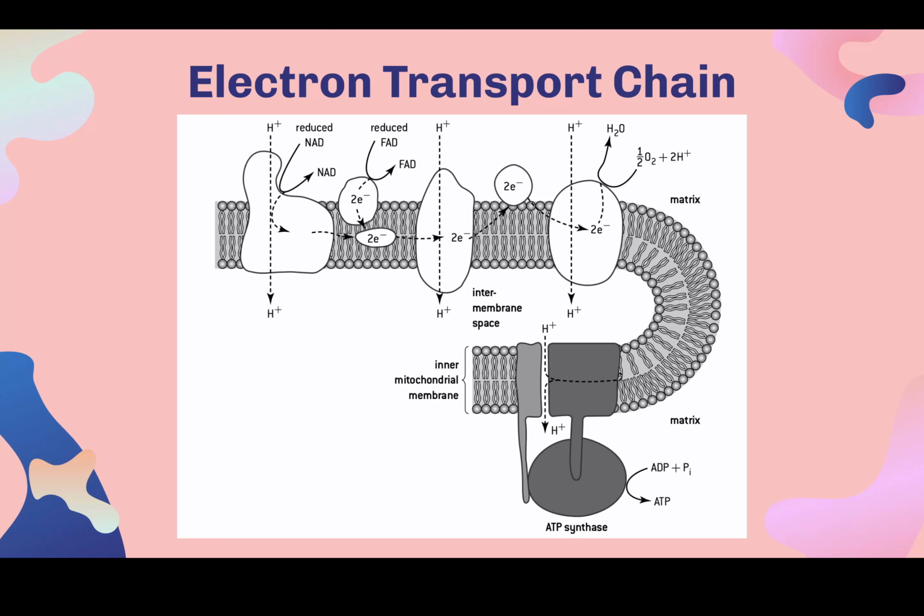Because the electrons are moving across the membrane proteins, there's enough energy to push the hydrogen molecules into the intermembrane space.